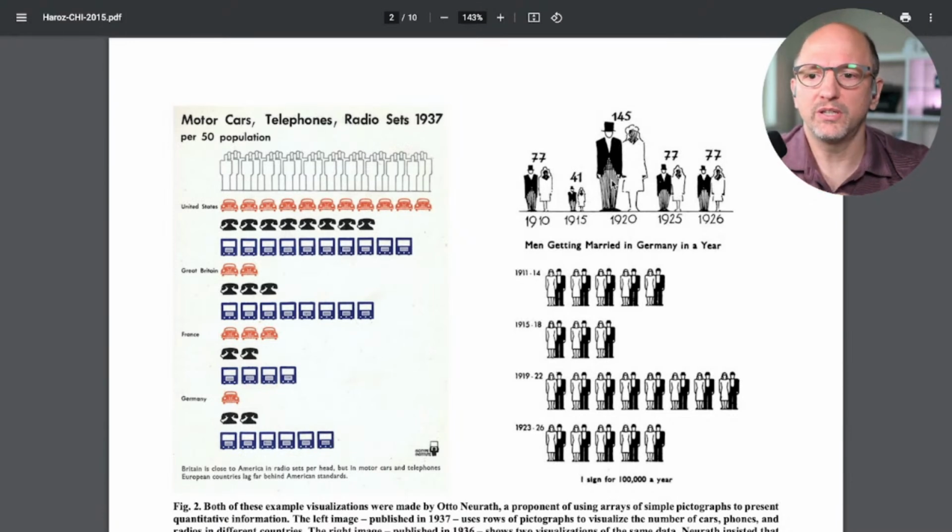And so Neurath's point was, why not instead use a multiplier and represent the number as a small icon, essentially. I'm not sure exactly why these numbers are so different, but okay, so this is hundreds of thousands, so there's no multiplier here.